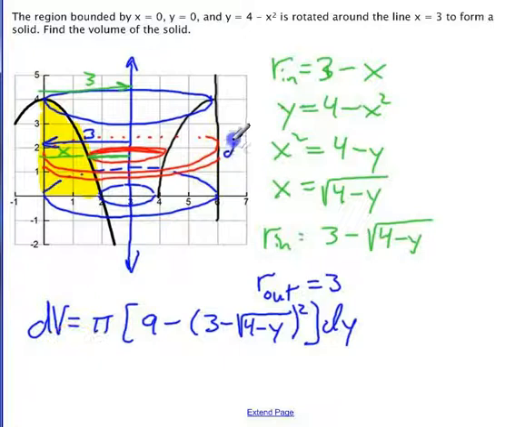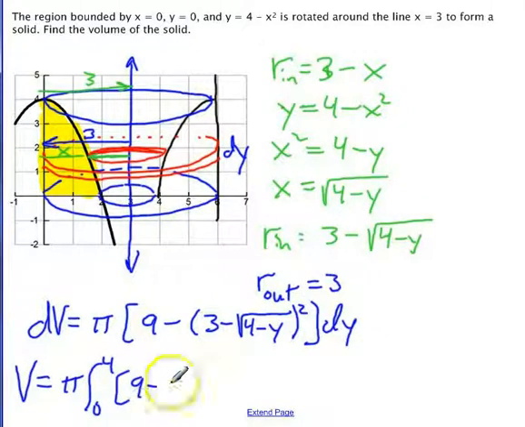Now, we're stacking these things from the bottom to the top. So I'm going to use y values for my limits. The volume of this solid is going to be pi times the integral from 0 to 4 of that integrand we just figured out.